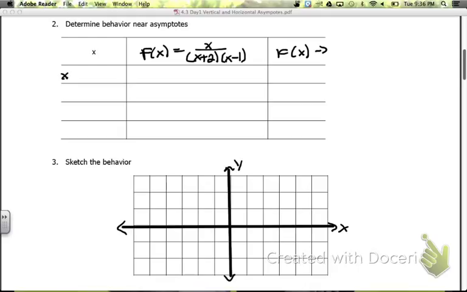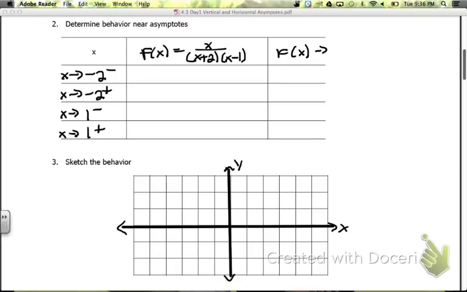We're first going to look at x approaching negative 2 from the negative side and from the positive side, and then our asymptote of positive 1 from the negative side and from the positive side. Remember, when I say negative side, I'm referring to the left side, and when I say positive side, I'm referring to the right-hand side.